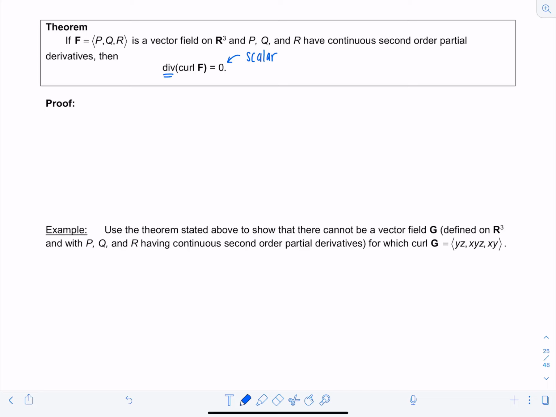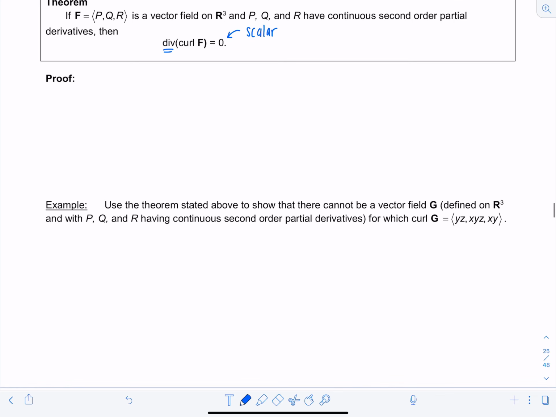All right, let's do the proof. We're just going to apply the definition directly and it's going to work itself out, watch. So we want to compute the divergence of the curl of F. This is going to equal our differential operator dotted with the curl of F. Remember, curl of F is the differential operator crossed with F. I'm just going to refer to the definition that we had earlier so we don't have to do this all from scratch.